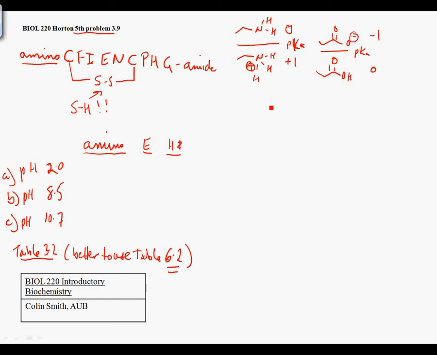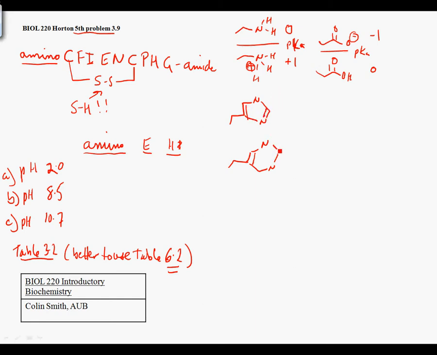And the other group we care about is that of histidine. Now this is a little more complicated, so I'm going to use a little more space for it. I'm going to draw it in steps here so I don't get confused halfway through and draw the same form twice.